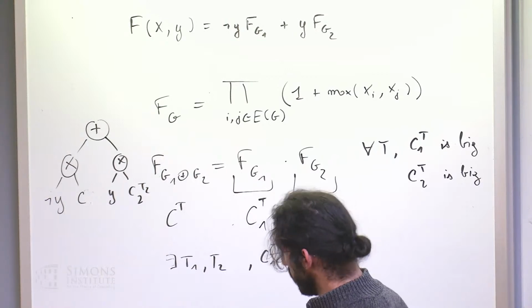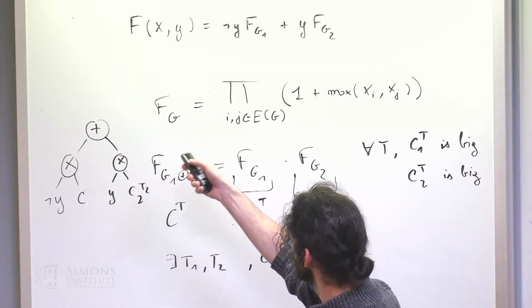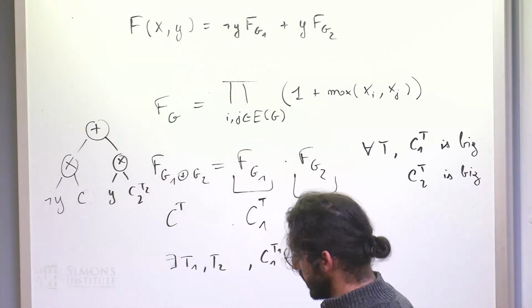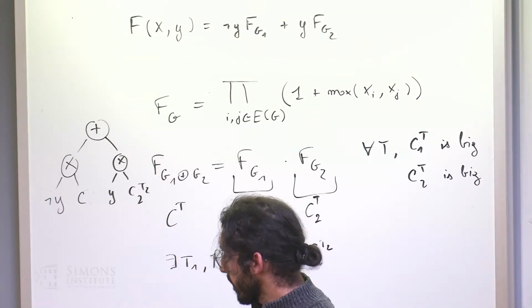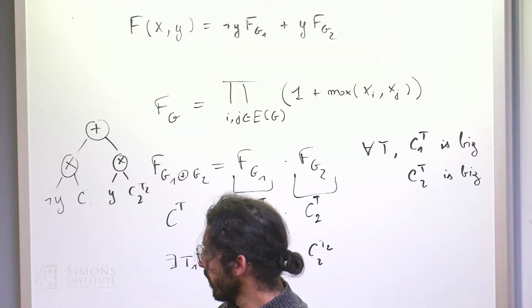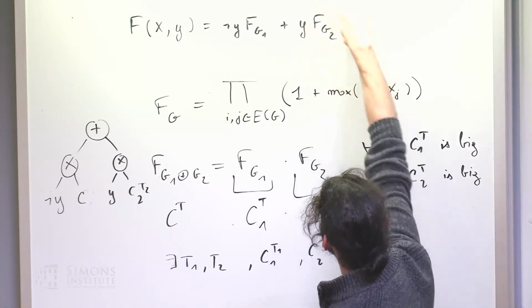It's not structured, and of course it's not structured, because if you were to try to represent that function as a structured decomposable arithmetic circuit, then you have a problem: if you condition your function on y equal 1, you end up with a structured circuit that represents this.